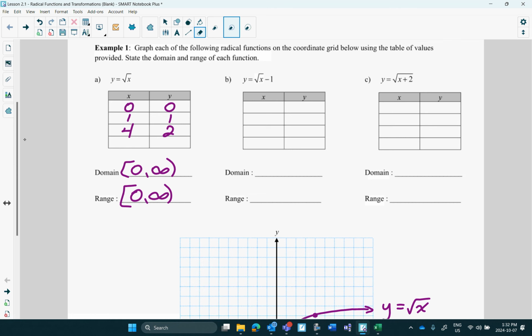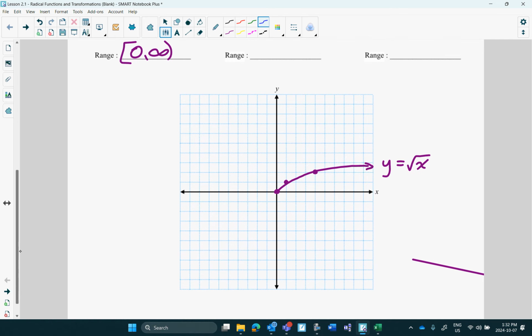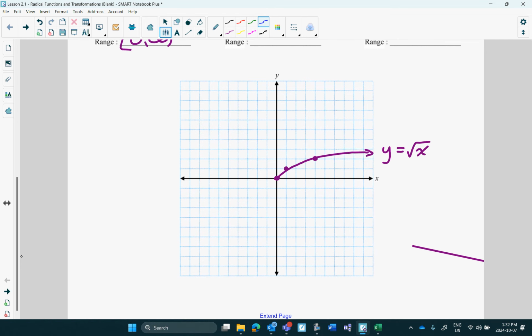So I'll use a different color. So it's root x shifted down 1. You could use mapping notation, but it's a pretty easy transformation. So we take all the points in y equals root x and we move them all down 1.